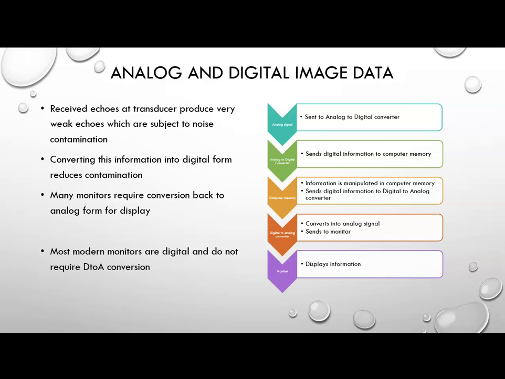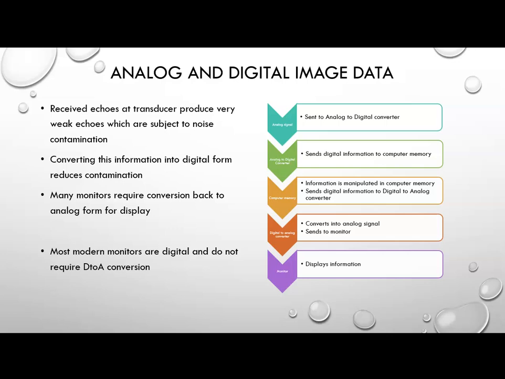But at any rate, this information as it gets to the transducer is analog information, and then it is sent to the receiver either remaining as analog information, or in the case of newer machines, and when I say newer, within the last 10 years, the signal is transferred at the transducer itself into a digital signal and then sent to the receiver.